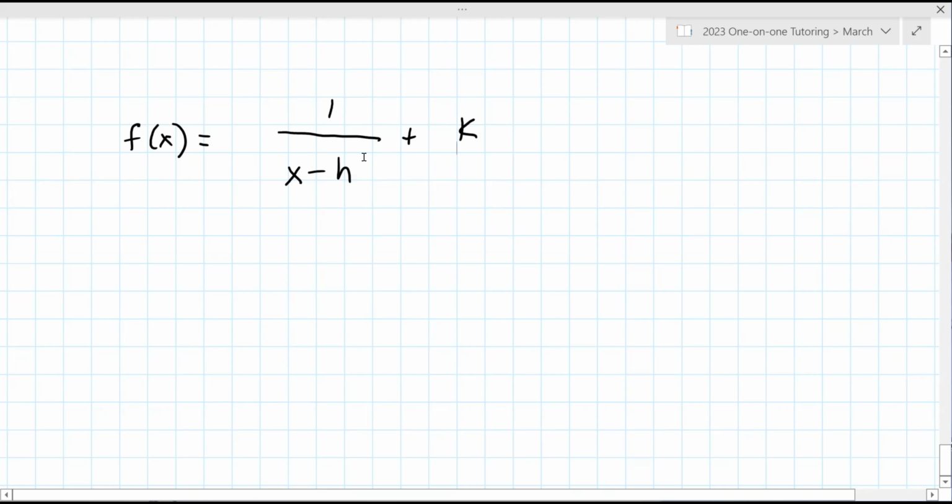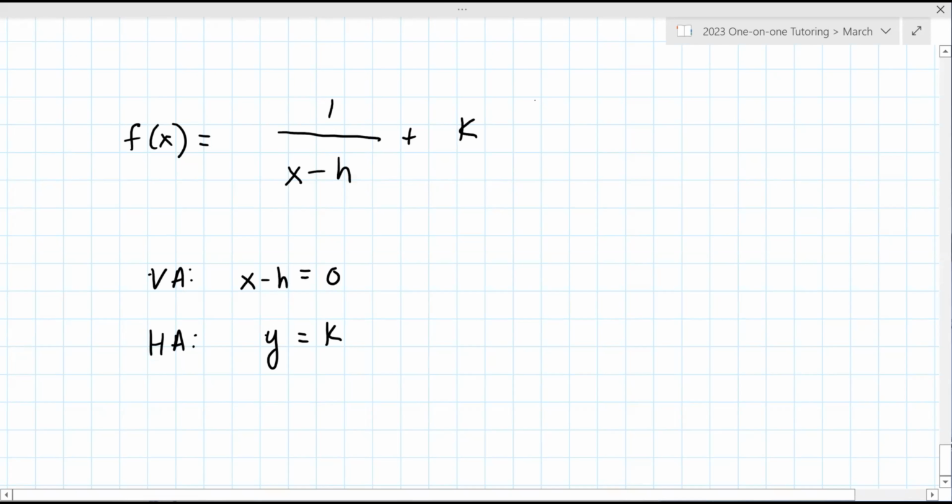Seen those before? Yeah. Okay. So just review here. The vertical asymptote is where x minus h equals 0. The horizontal asymptote, which is what we were seeing in that black line, is always where y equals k.